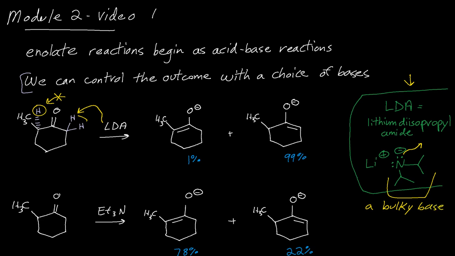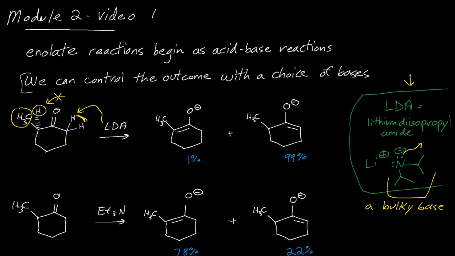It's sort of self-hindered. You can think of it as getting in its own way. So as it comes in to pull off a proton, it's blocked on this side by the larger methyl group. Literally physically blocked. So these two protons here, either one is equally accessible in most cases.